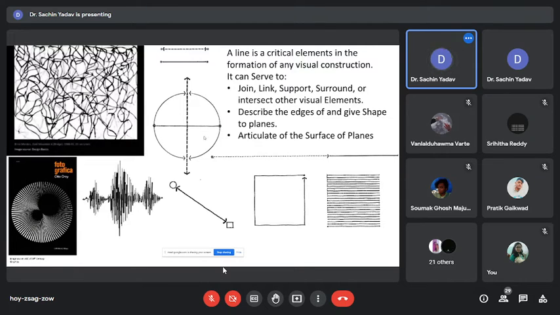A point extended becomes a line. Conceptually, a line has length but no width or depth, whereas a point is by nature static. A line describes the path of a point in motion and is capable of visually expressing direction, movement, and growth.